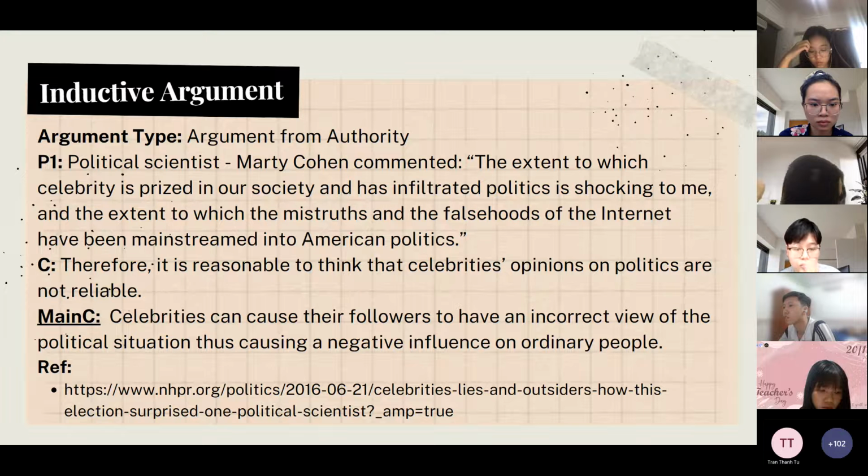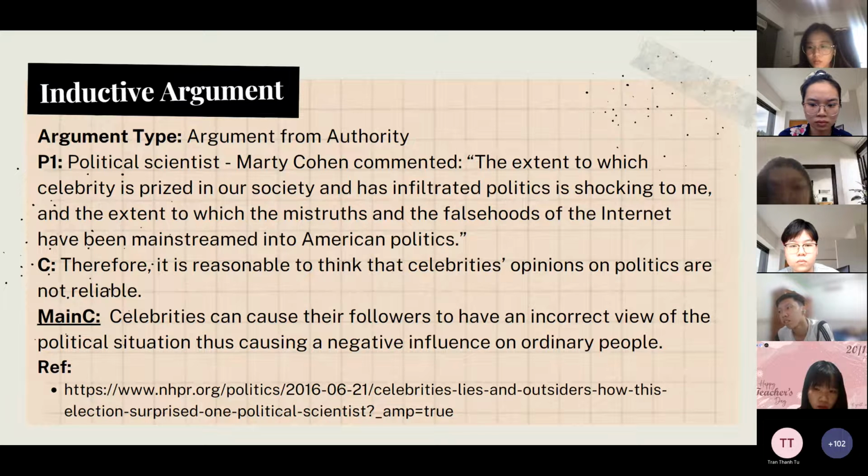Therefore, it is reasonable to think that celebrities' opinions on politics are not reliable. Celebrities can cause their followers to have an incorrect view of the political situation, thus causing a negative influence on ordinary people.